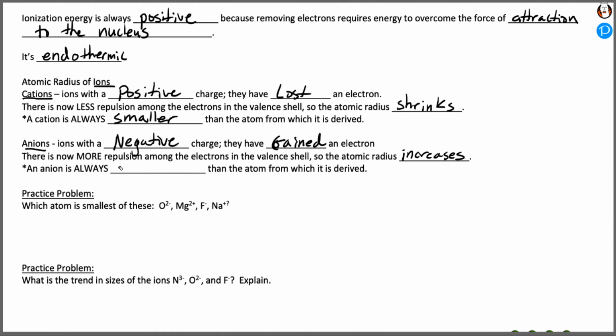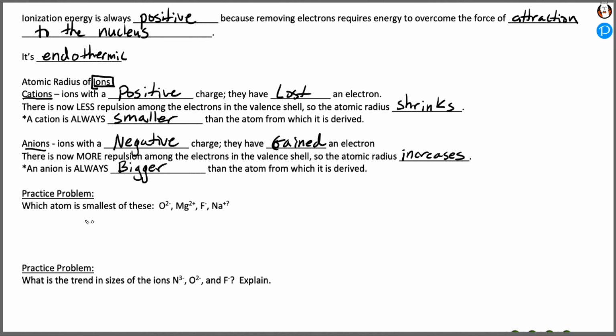So an anion is always bigger. And it makes sense that if I add electrons, it's going to be a bigger size. If I take away electrons, it's going to be a smaller size. So that's the thing you want to remember when we're forming ions. If it's positive, it's going to be smaller than what it originally was. If it's negative, it's going to be bigger than what it originally was.